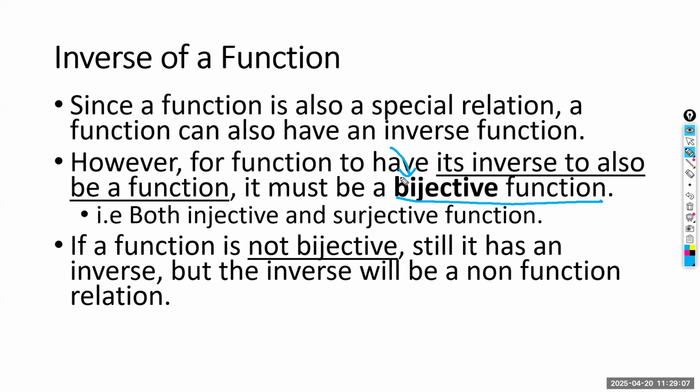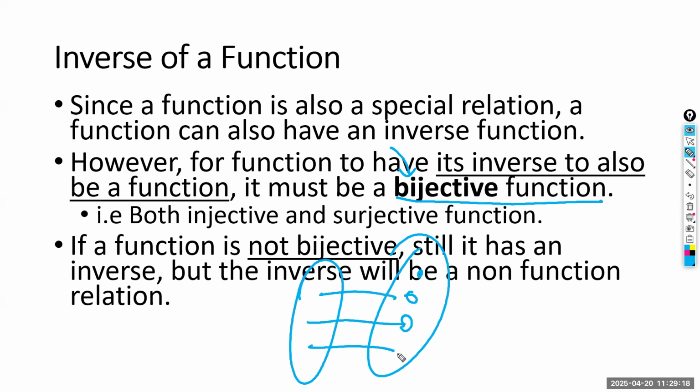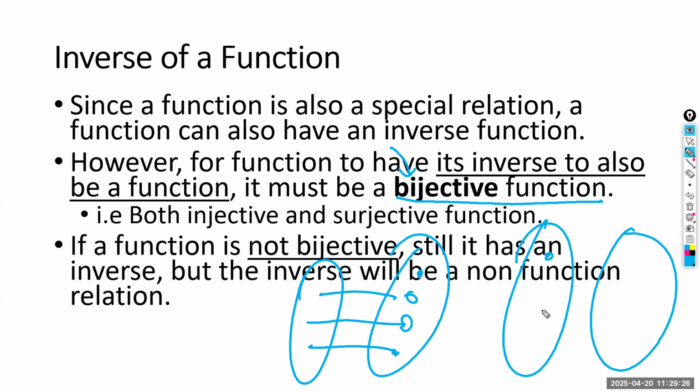So let's take the easier one. Maybe it is not bijective because it is not surjective. That means it has open values in the range side. Even if you have open values in the range side, we say it's not surjective. And when you have open values in the range side, when you take the inverse, you have open values in the domain side, because your range becomes domain.